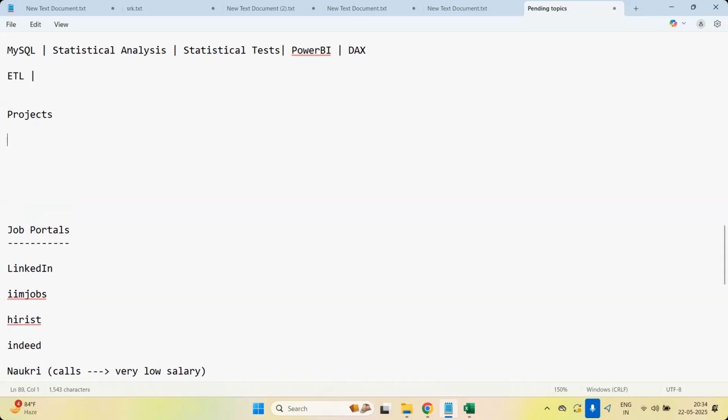Simple. At most, if you write just participated in hackathon, they'll ask the question, what hackathon have you participated in? So it is a one-day hackathon where they have shared the data set along with the business problem. By end of the day, I have given the solution for the given business problem.